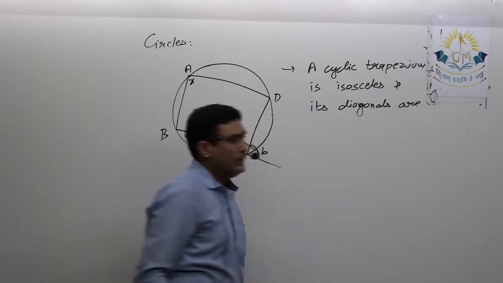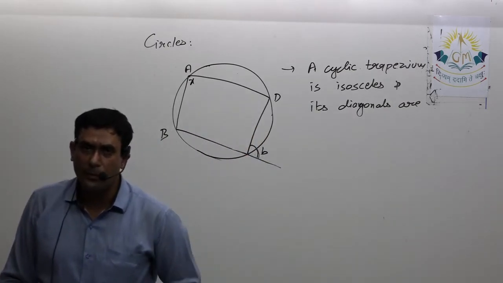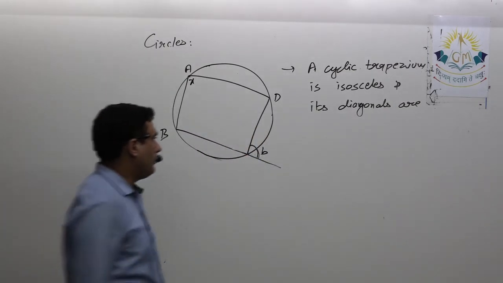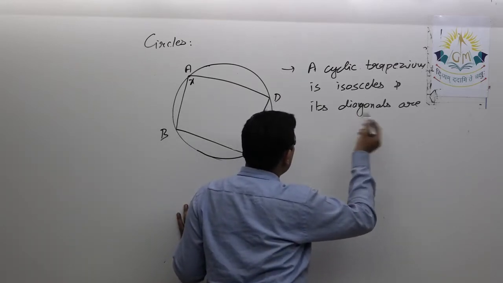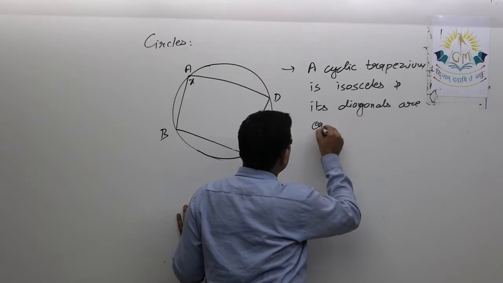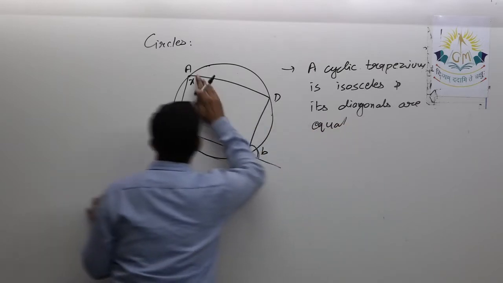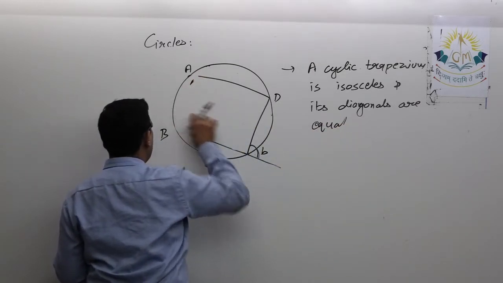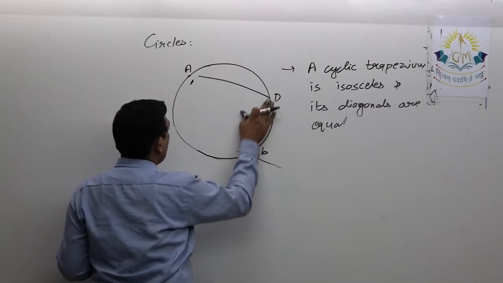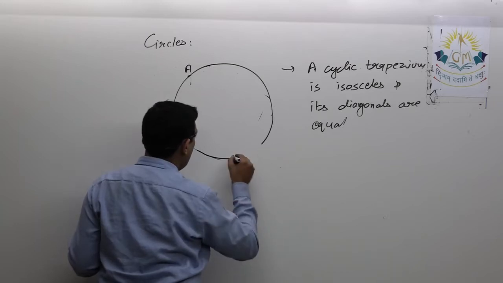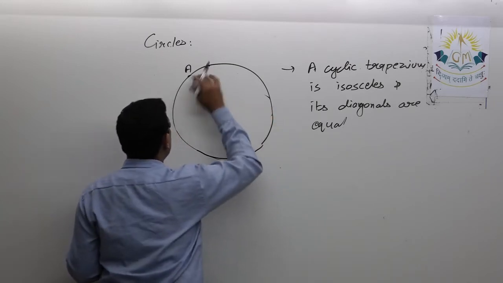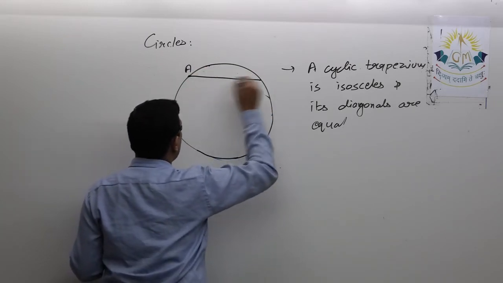Now that we know, in an isosceles trapezium diagonals are already equal. So if a trapezium is cyclic, it is isosceles and its diagonals are equal. That means instead of drawing this, if I draw a trapezium over here in such a way, then definitely its diagonals will be equal. Okay, something like this.